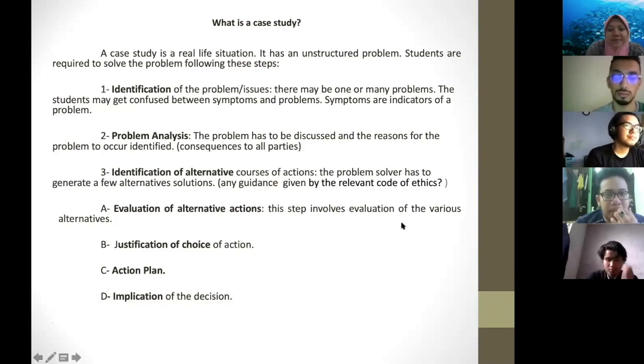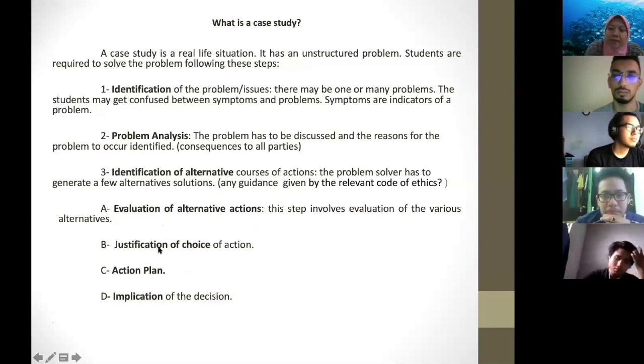So in part 3, after the identification of alternative courses of action or solutions, you need to evaluate the solutions. This step involves evaluation of the various alternatives. You need to evaluate all the alternatives, 1, 2, 3, 4, with justification, and after you evaluate, you need to choose one.